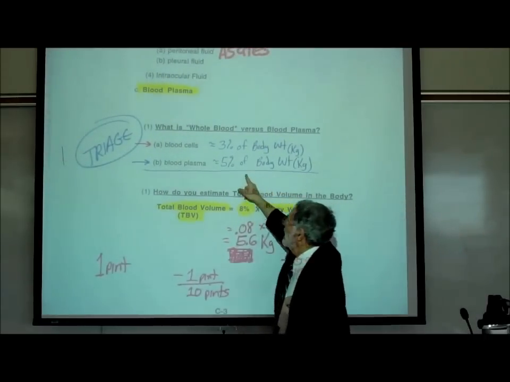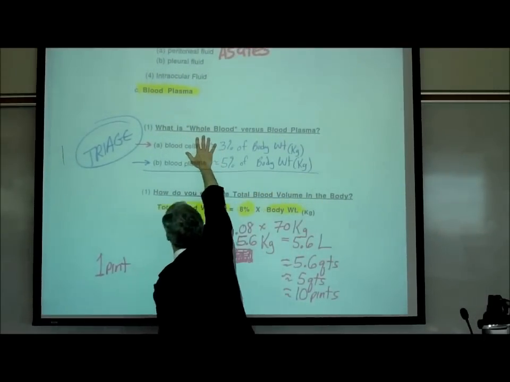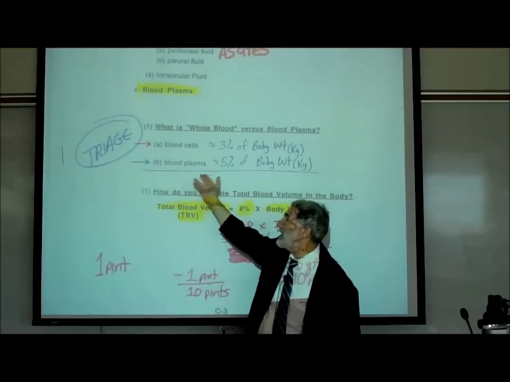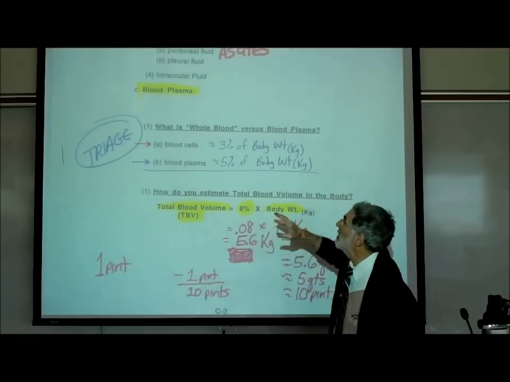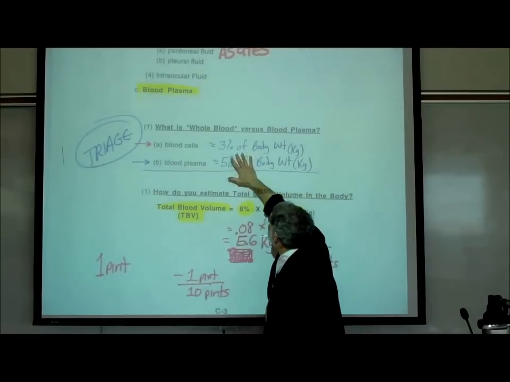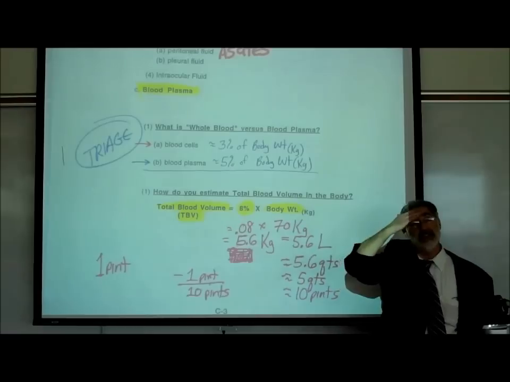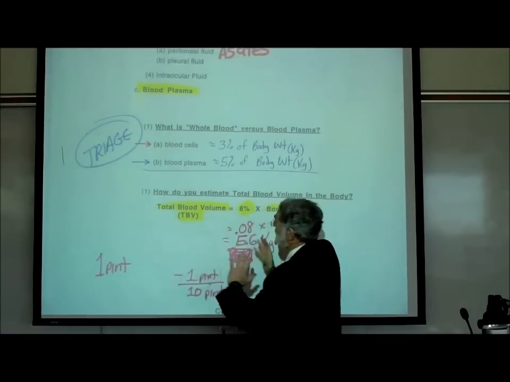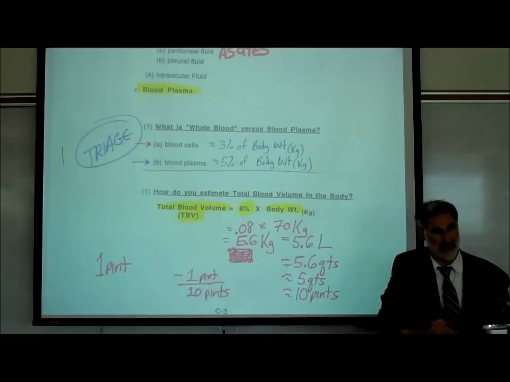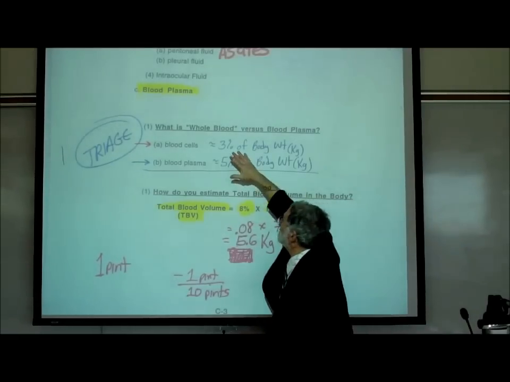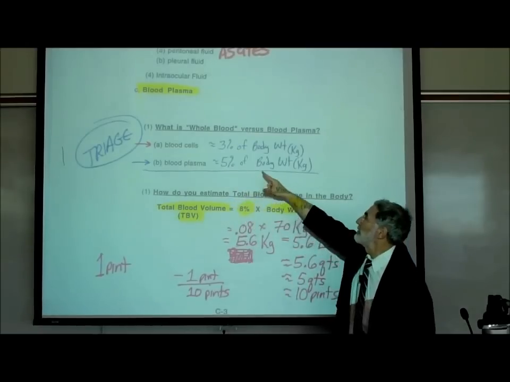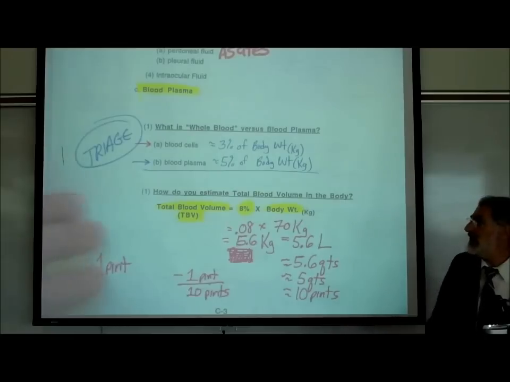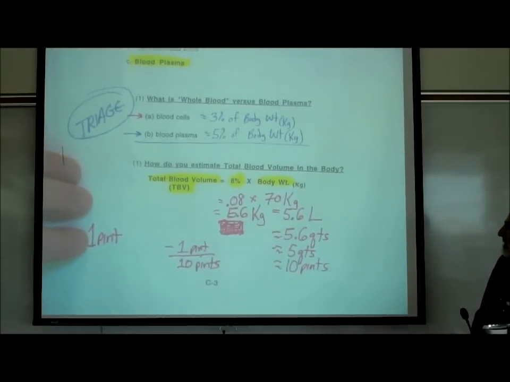So I wrote up here that since whole blood is made up of blood cells, mostly red blood cells, and plasma, the blood cells make up about 3% of our body weight, expressed in kilograms, and our blood plasma makes up about 5% of our body weight, expressed in kilograms. So since whole blood is both blood cells and plasma, what's 3 plus 5? 8%. So 8% of our body weight is our blood volume, approximately.